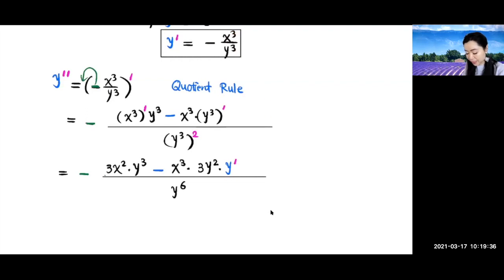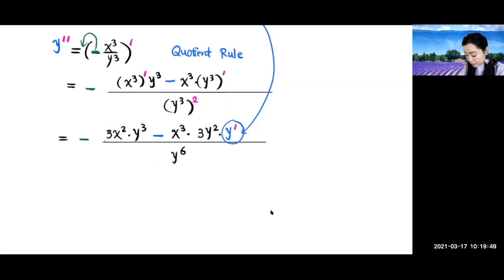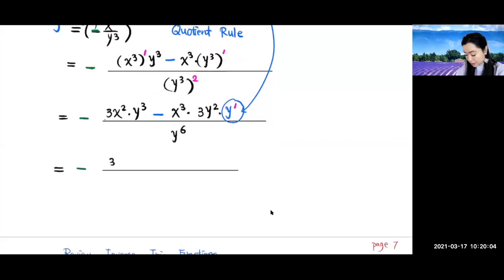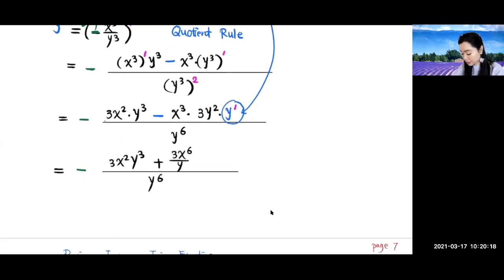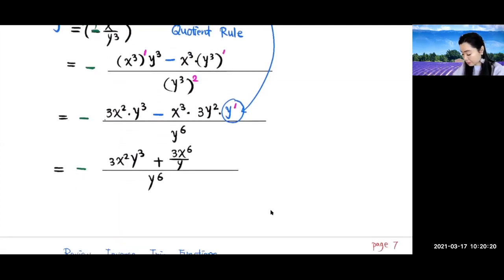To simplify, we're going to get negative 3x squared y cubed, and then I'm adding 3x to the 6th power over y to the 6th. Because y prime over here is negative x cubed over y cubed.